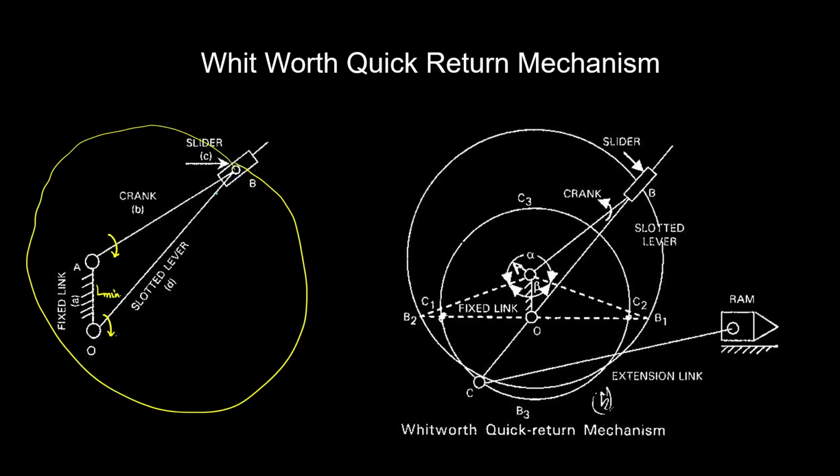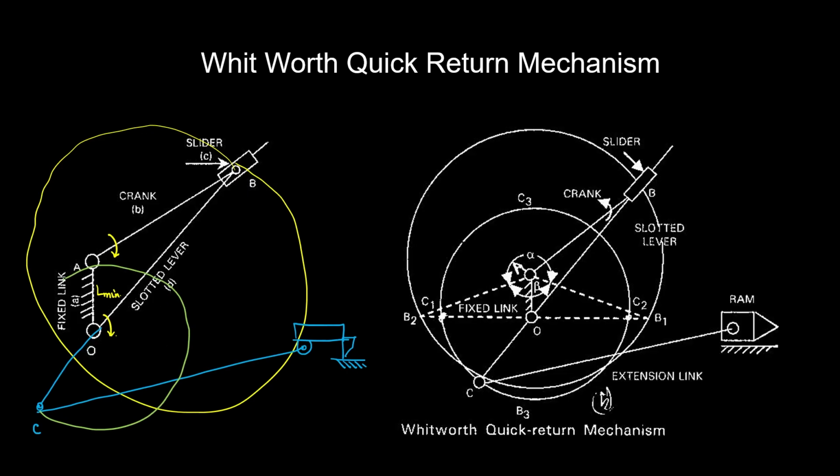What we do is the link OB is extended on the other side up till the point C, and to the point C there is one more link that has been attached, and to that link a cutting tool has been connected. So now here it is visible that the link OC or OB is going to complete a circular motion.